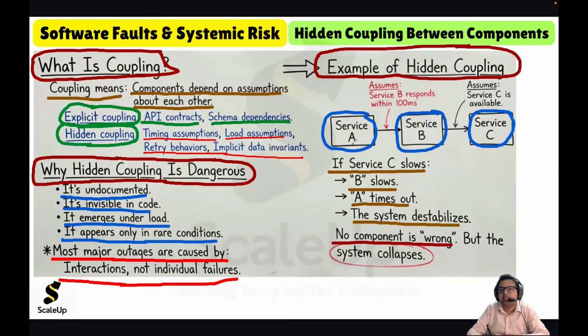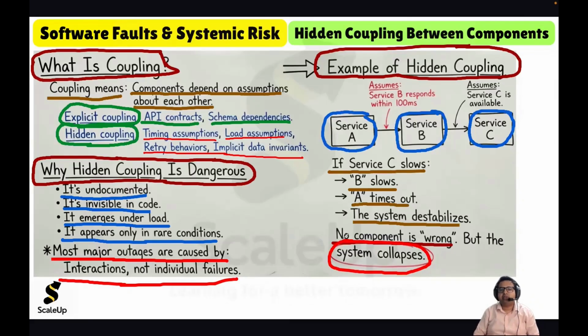Because of that, service A was forced into a retry storm, because the timing assumption went wrong. And because of the retry storm, service B was overloaded with retry requests, and the system might destabilize and fall. So no component is wrong, but the system collapses because of wrong timing assumptions, wrong load assumptions, retry behaviors, and implicit data invariants. And that is the hidden coupling.